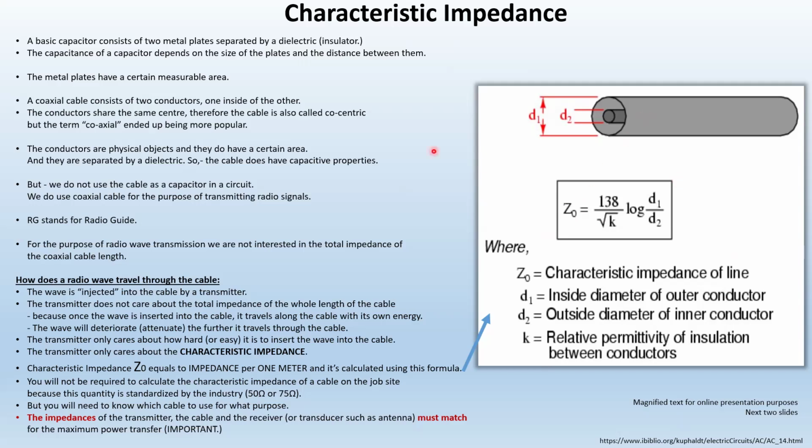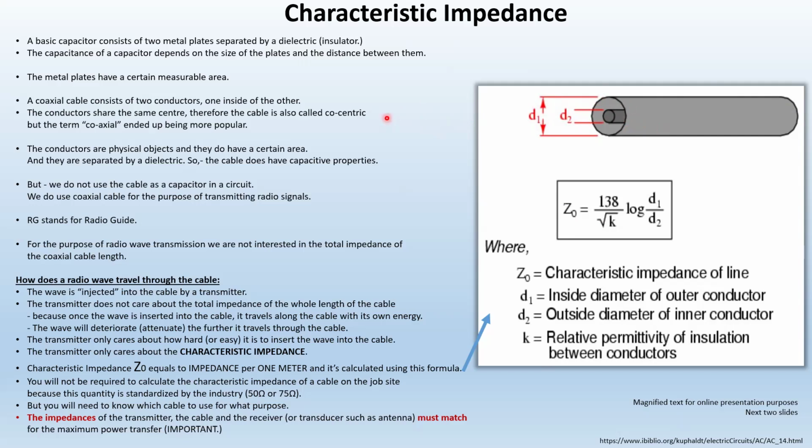Because the wave is inserted in the cable and it travels on its own as it goes along. And then another wave is inserted. So why do we need to know the characteristic impedance? So we can interface the cable with the output of an amplifier, so we could match the output impedance of the amplifier for the purpose of maximum power transfer.